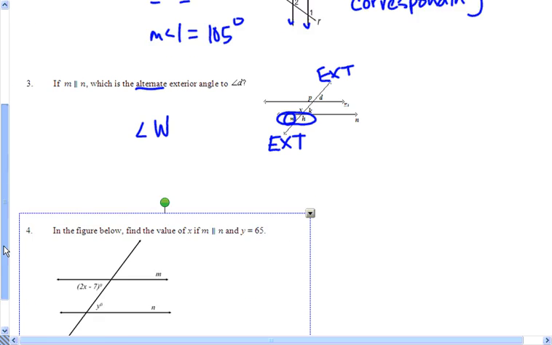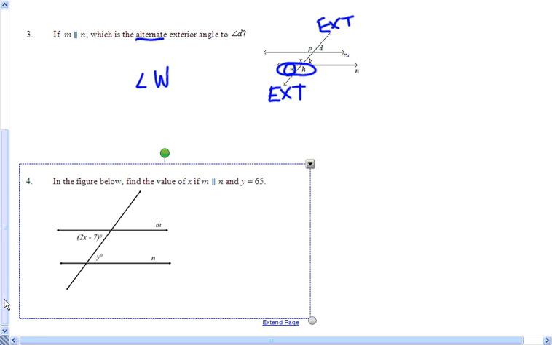And in the last problem, find the value of X if M is parallel to N and Y is 65. We know those two are parallel. Notice that these are alternate interior angles, and alternate interior angles are equal. So we know that 2x minus 7 is equal to y.